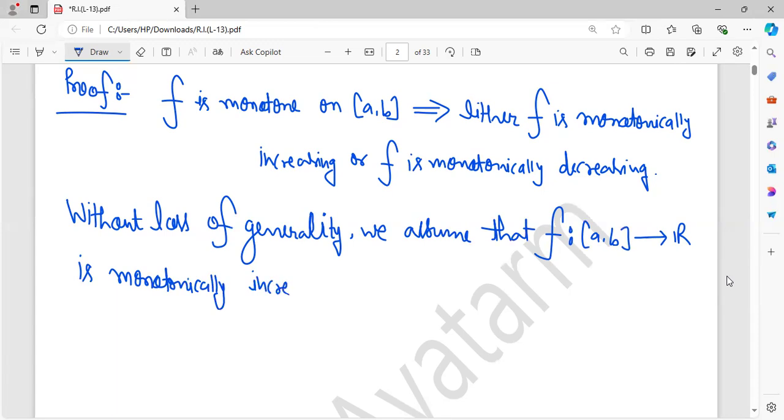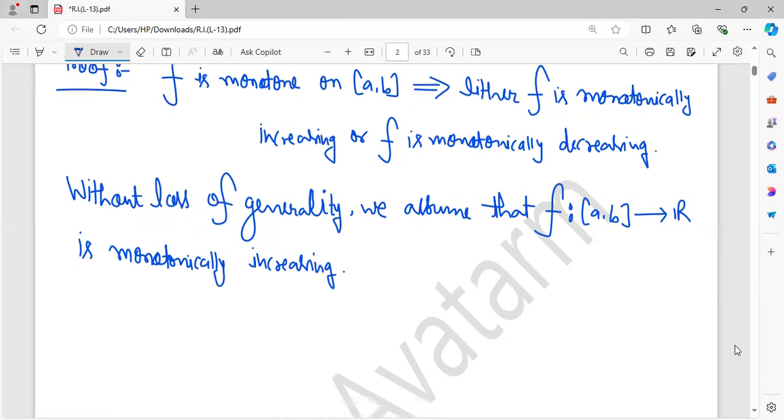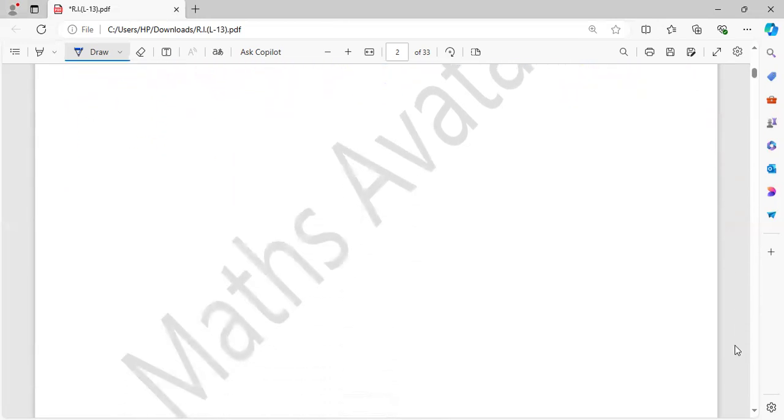Okay. So we are doing it for monotonically increasing only.